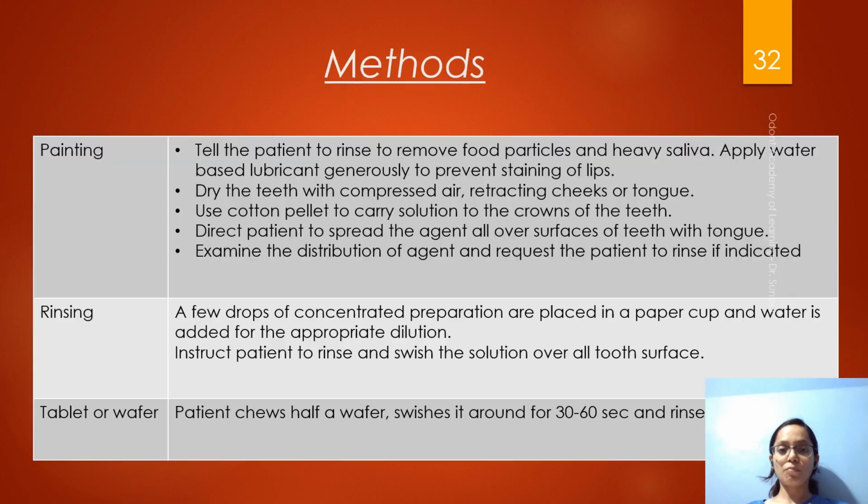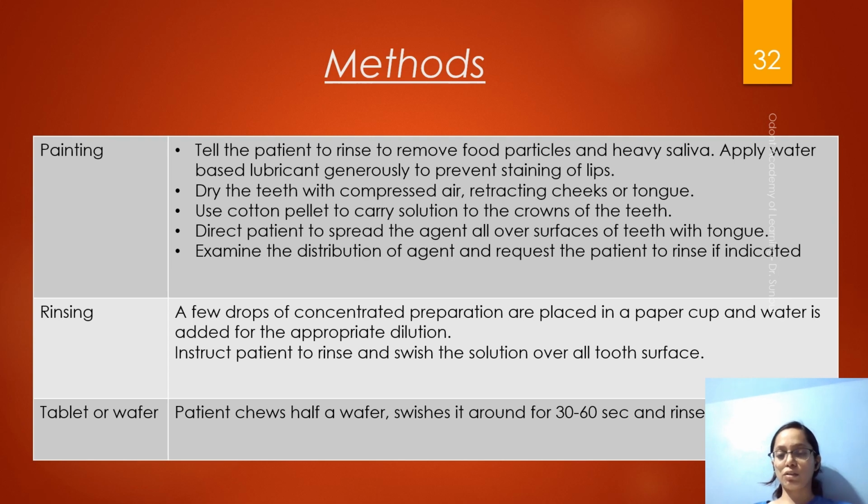Okay, so what are the different methods that we can use? We can use the first method of painting. We ask the patient to rinse the mouth so that all the food particles or the heavy saliva can be washed out. Okay, we'll apply a water-based lubricant to prevent staining of the lips, because these can stain and it will become uncomfortable to the patient. We'll dry the tooth with compressed air.